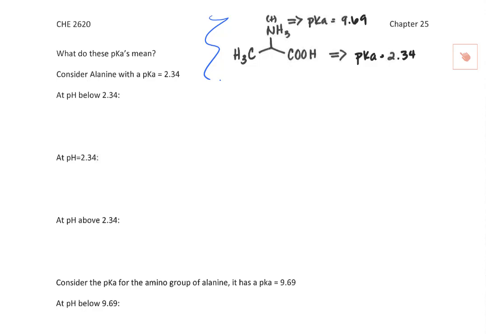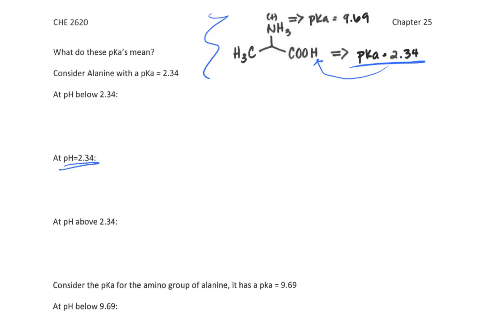So what I mean by that is at a pH of 2.34, the pKa for COOH is 2.34. So this hydrogen can come off at 2.34.